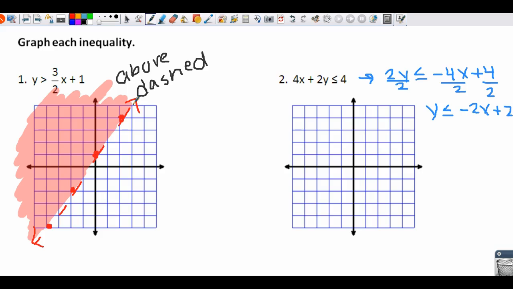So my y-intercept is at 2. My slope is negative. My line is solid because it's less than or equal to. And y is less than, so where are my y values less than? Well, that will be below the line. So I shade below the equation.